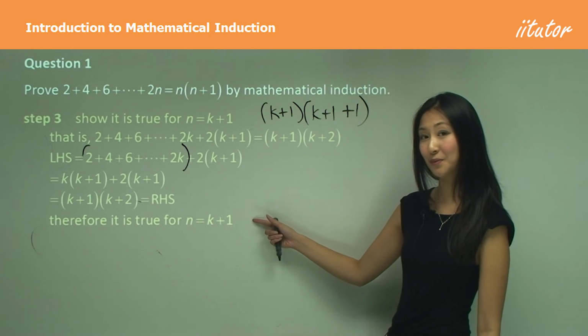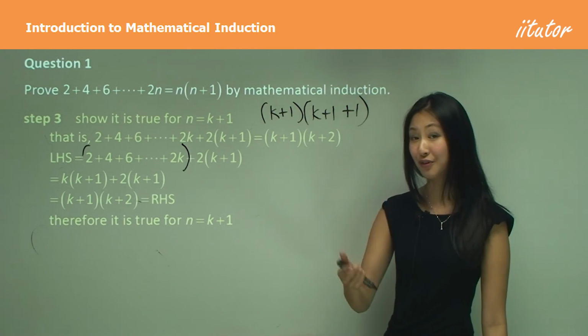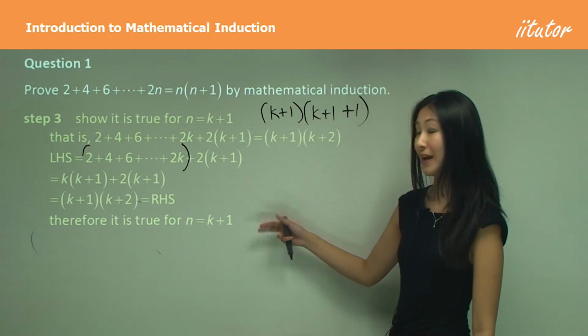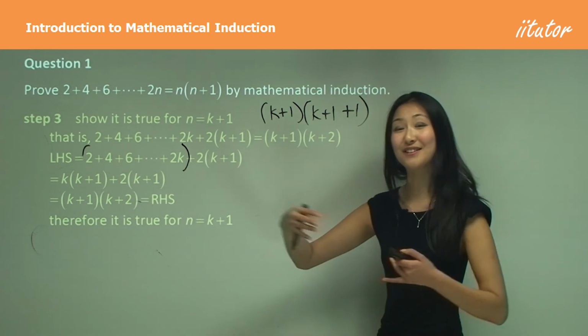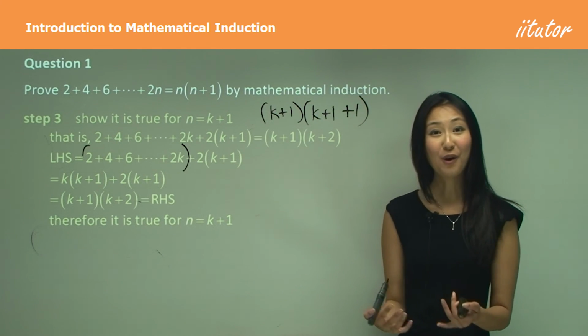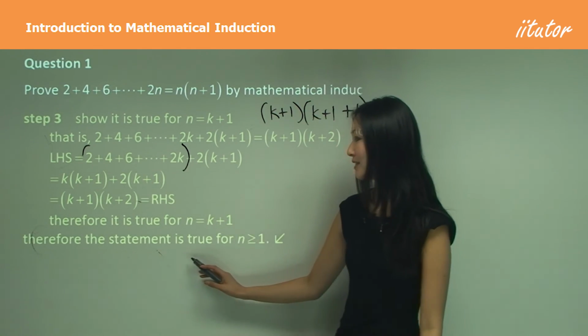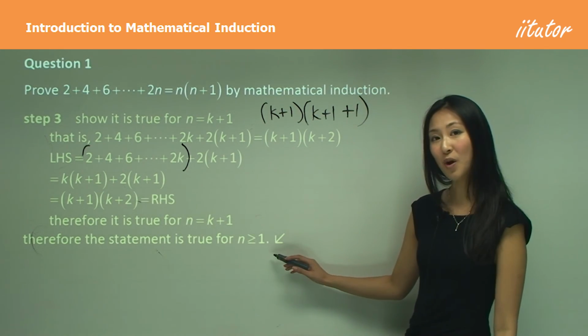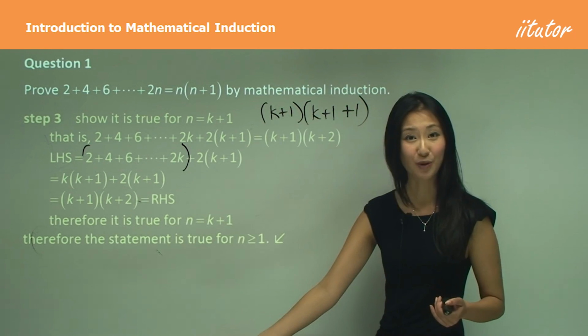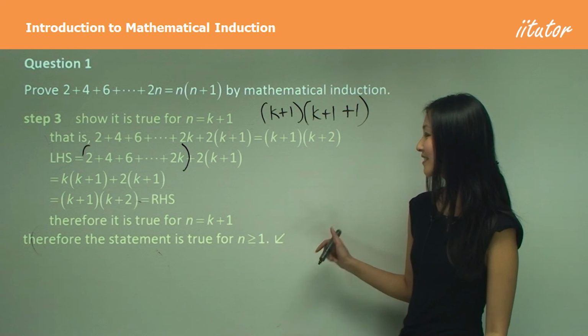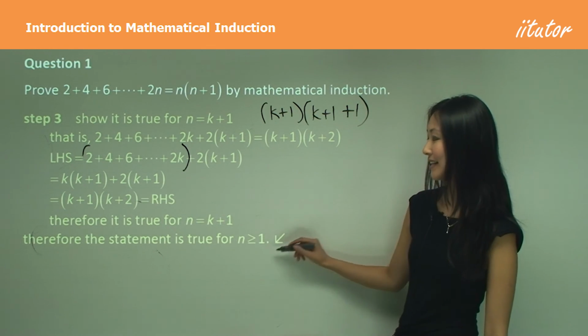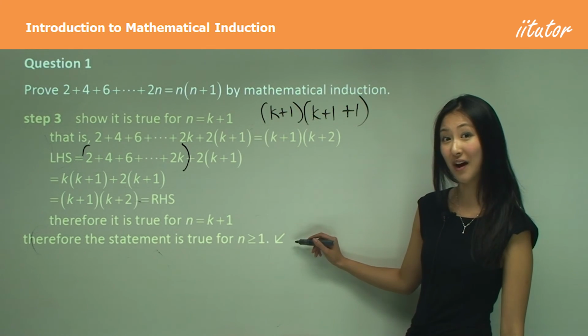And when k equals 1, it is true for 2. And also true for n equals 3 and 4 and so on. So therefore, we can make the conclusion that the statement is true for n equals 1 as well as any number greater than that, haven't we? So we can just simplify that to n is greater than or equal to 1.